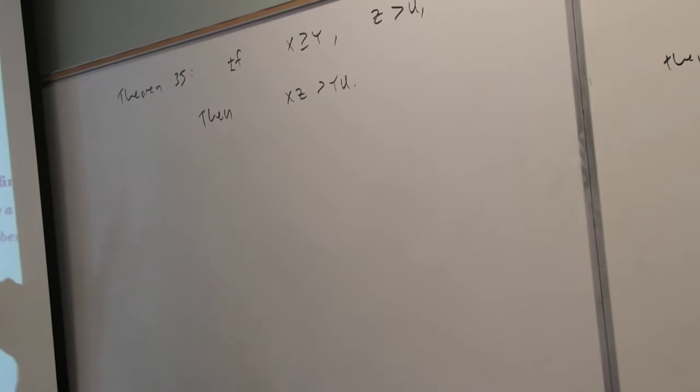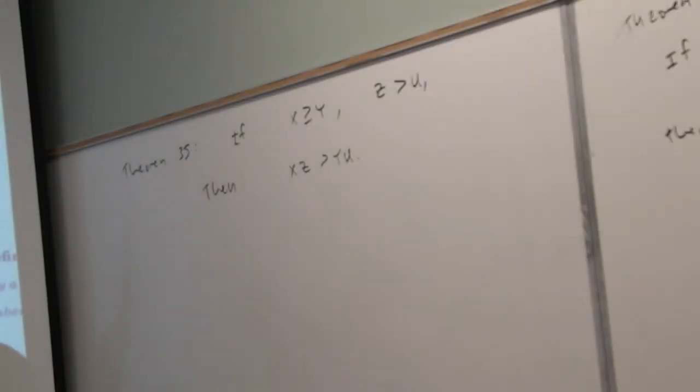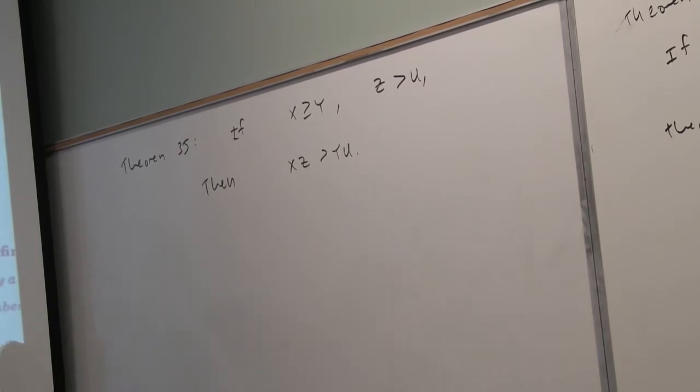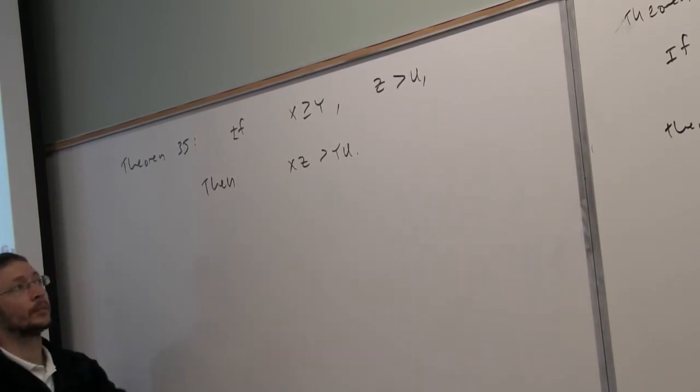And then they have another case here that if x is greater than y and if z is at least u, then that inequality will hold as well. We're only going to prove the first case.